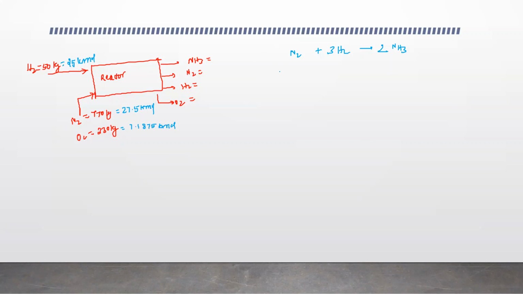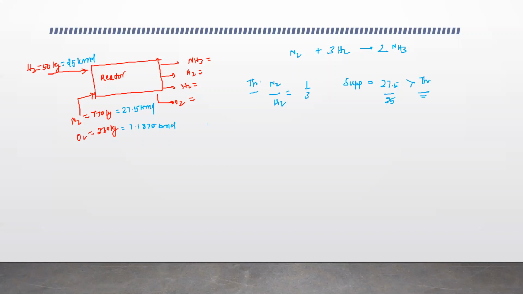The theoretical nitrogen by hydrogen ratio is 1 by 3, and the supplied ratio is 27.5 upon 25, which is definitely greater than the theoretical ratio.